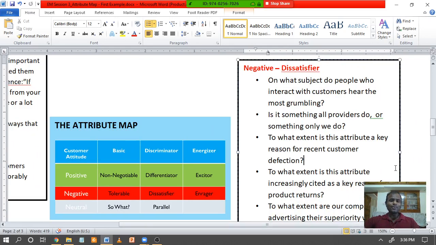But if the other institutions are having more core company placement compared to Karunya, then it becomes a negative dissatisfier, because then your students, or your customers, will always look at shifting to other people who offer the same solution. That is why you have to be very careful about taking care of the dissatisfier. A dissatisfier can be as small as finding a core company placement, or there can be some other dissatisfiers also.